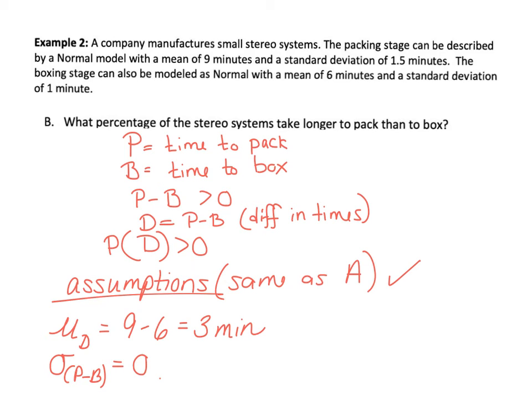Because I thought it would be easier for you to remember that my standard deviations will not decrease. It's going to increase. This is the same as P plus B. So I work off of my variance. It's the square root of 1.5 squared plus 1 squared, and that's approximately 1.80 minutes.